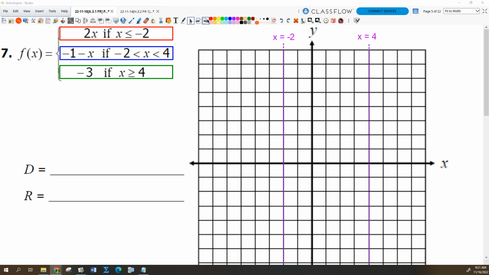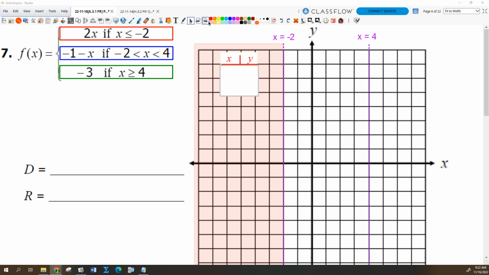So let's see if we can just get through the first part. There's our red region. It goes on forever to the left. We just need to graph that line in its domain. Now, to graph a line, we've talked about graphing lines using point-slope, where we start at the y-intercept and make a slope triangle, and that's great. But here's an example where the red region does not include the y-axis.